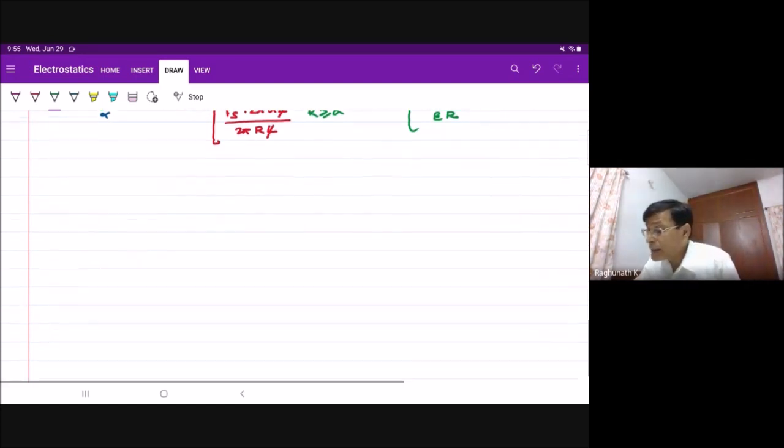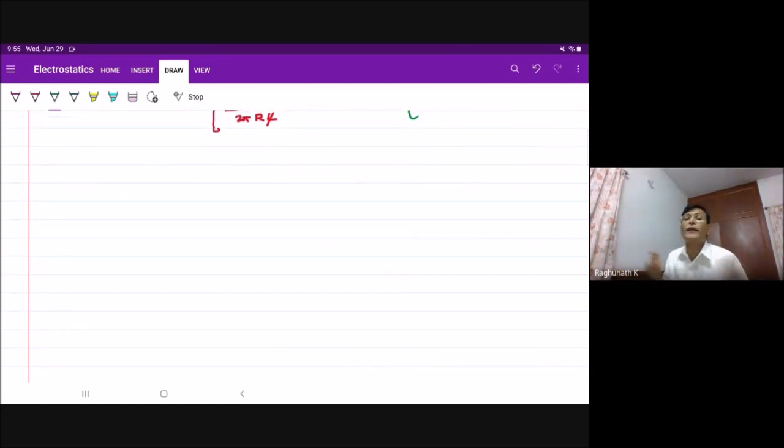Whether it is a capacitor or the coaxial cable, it is of finite length. In the coaxial cable, there will be an inner conductor.